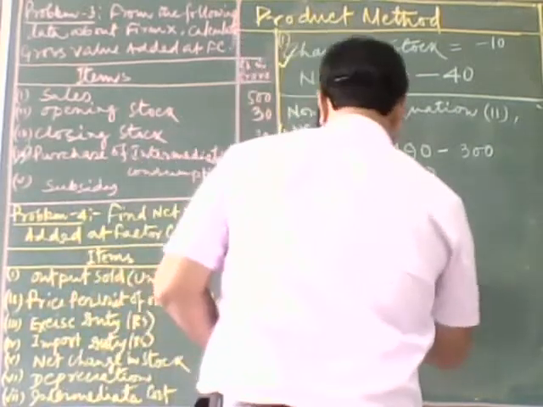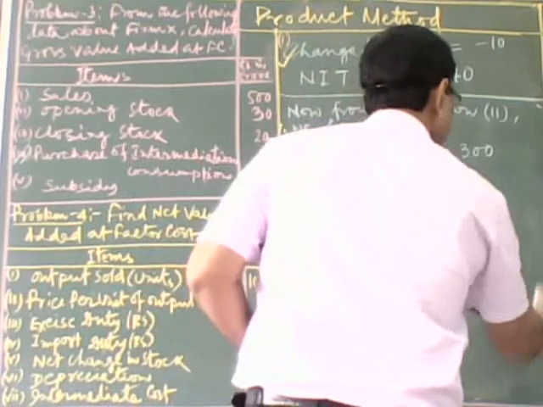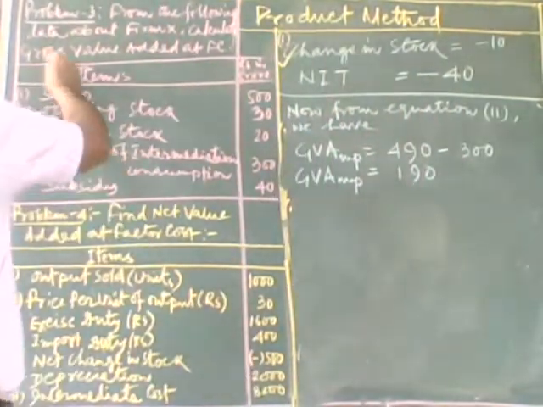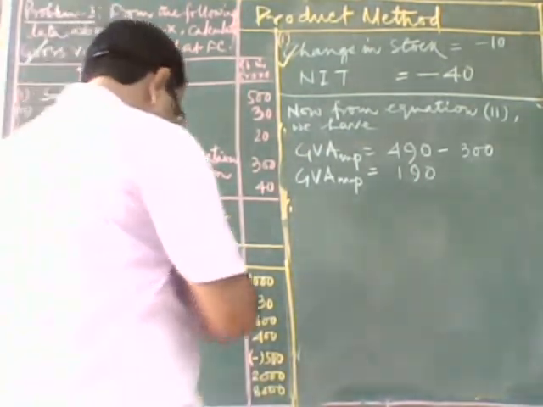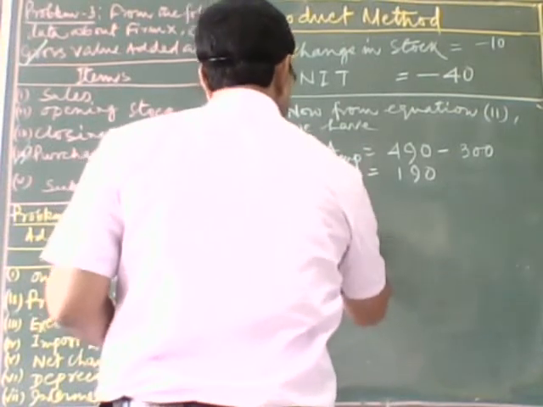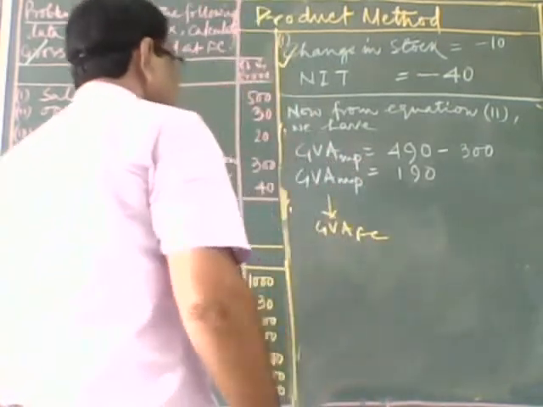From GVA at market price, we have to calculate the gross value added at factor cost. That means from GVA at market price, we have to calculate GVA factor cost.